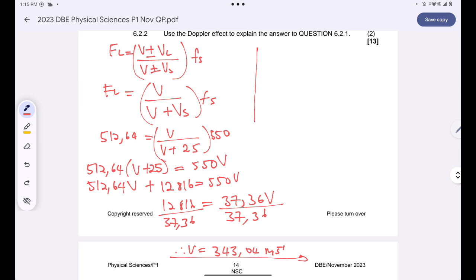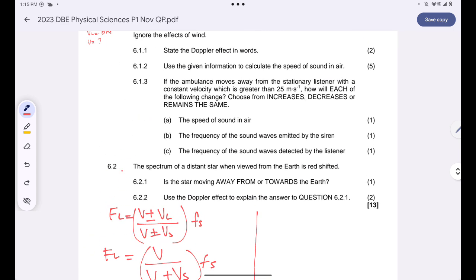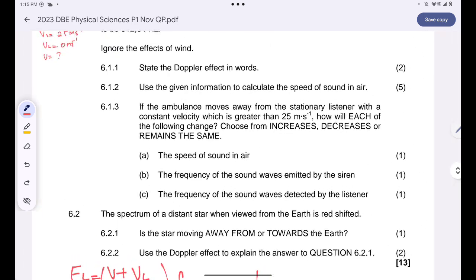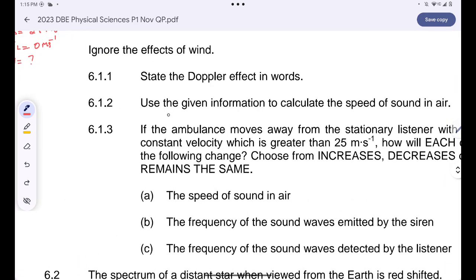This is the speed of sound in the medium. Now I've calculated the speed of sound, right? The speed is 343.04 meters per second.